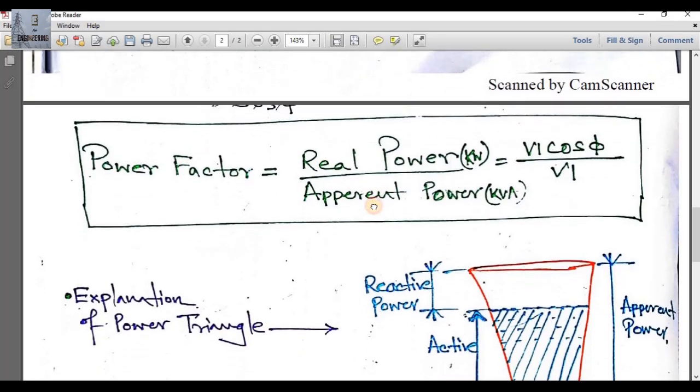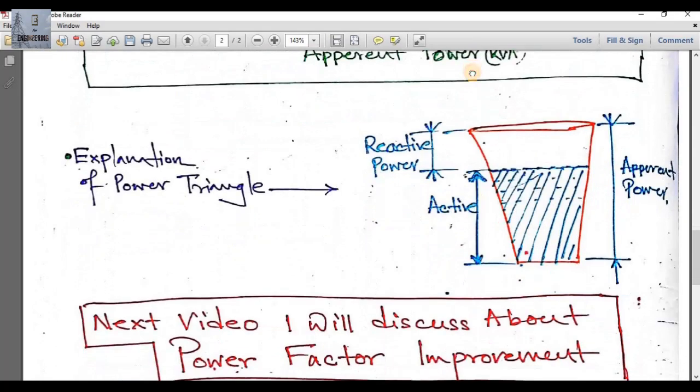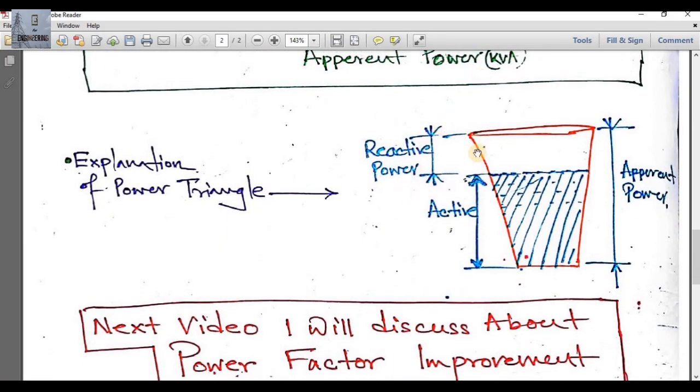For explanation of the power triangle, we can imagine a glass of water. The full glass is the apparent power, the full amount of power we are paid for or calculate.